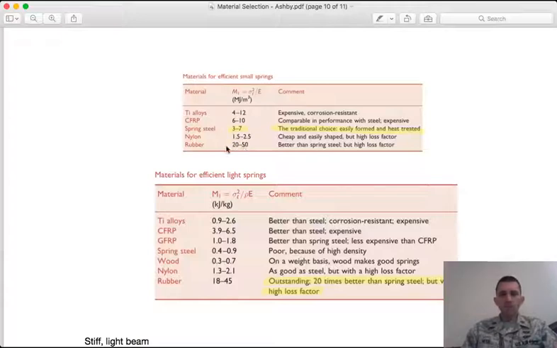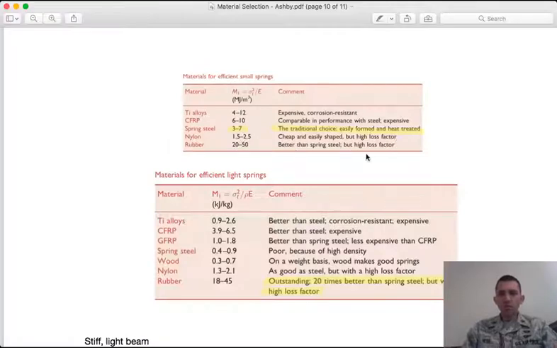But interestingly enough, if you look at polymers and elastomers, you can actually get a higher performance, at least on the basis of yield strength and modulus, out of a rubber spring. And these are probably even cheaper than spring steel.